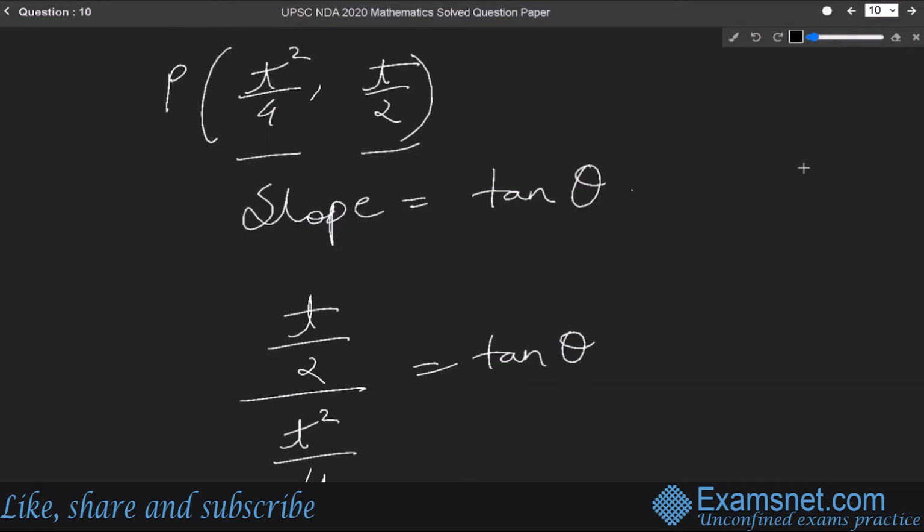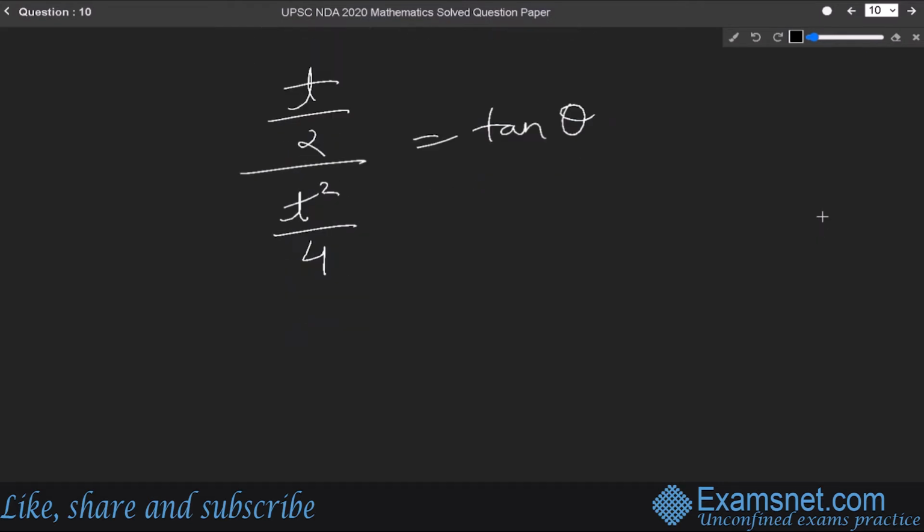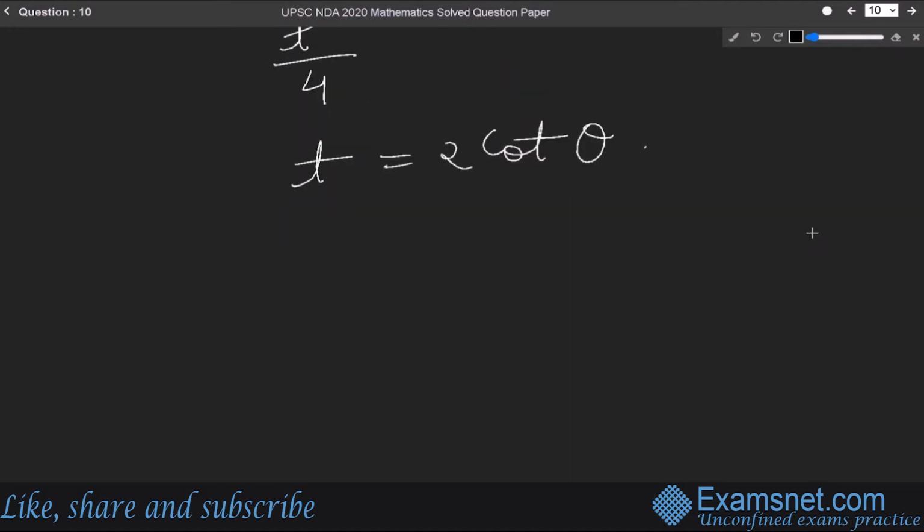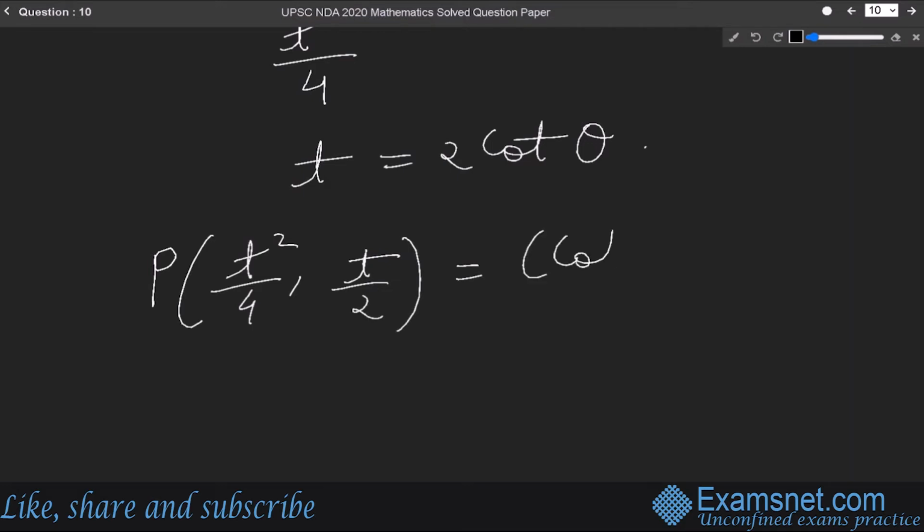I have written the slope using these 2 points. So solving again, we will get t is equal to 2 cot theta. So we have got the values for point P, which is (t square by 4, t by 2). It will be equal to (cot square theta, cot theta).